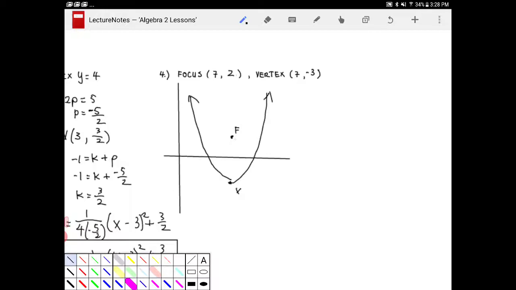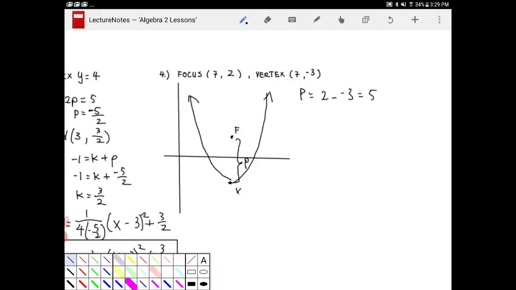The distance between the focus and the vertex must be positive. That's the value of p, and in this case I know that p therefore has to be a positive value. So what is that distance? Well, that's just 2 minus negative 3, right? So p is equal to 5.